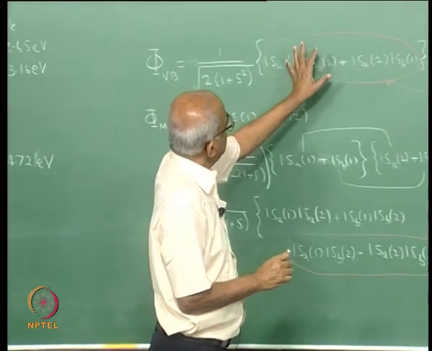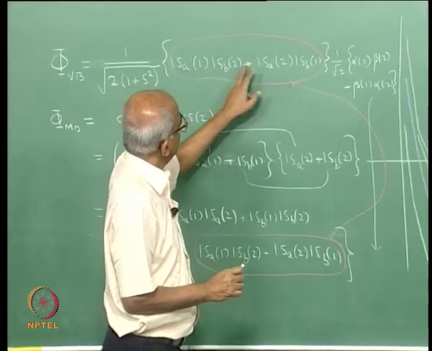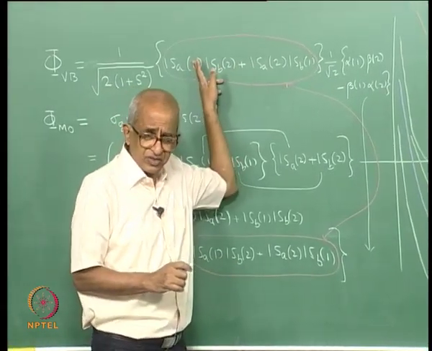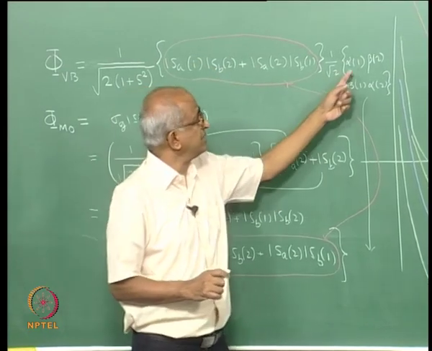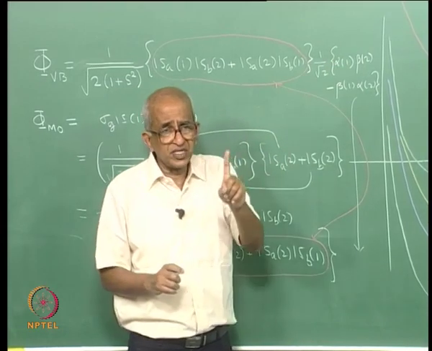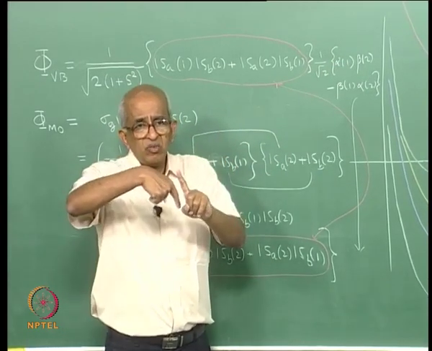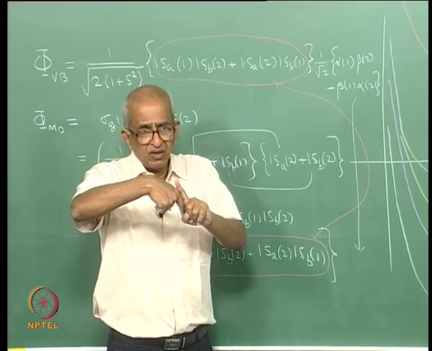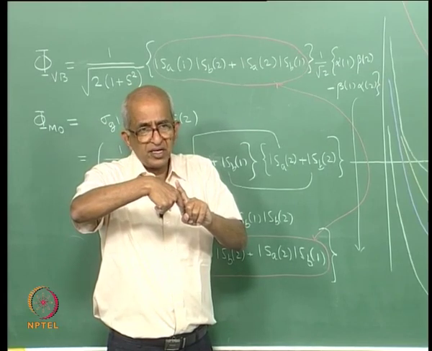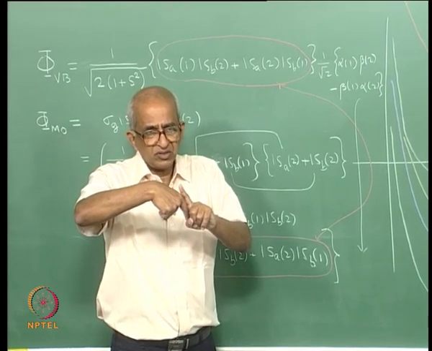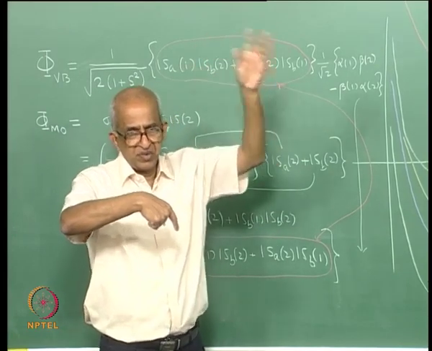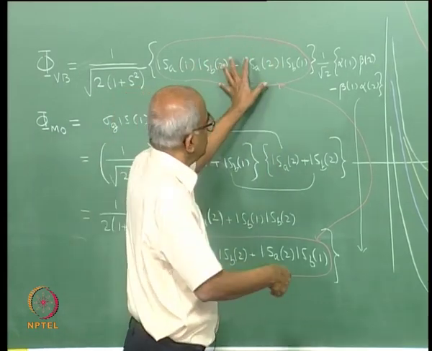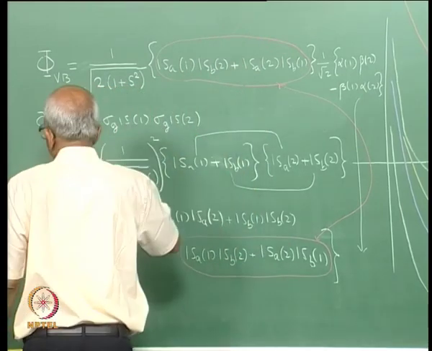Now, if you look at this function, it says that one electron is associated with the nucleus A, the other is associated with nucleus B, and further it says that okay, one of them, if it is pointing up, the other is pointing down. Now, this is actually very nice for the chemist, because you see, if you remember what Lewis said, or what chemists were thinking of the formation of a bond in hydrogen molecule.